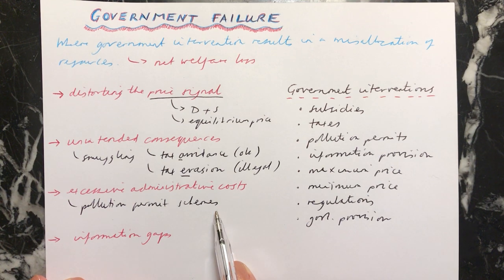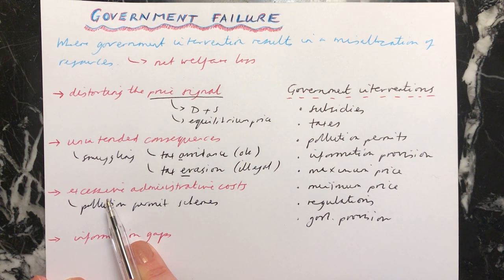And then after that, the government have to monitor how much every firm is polluting. So this would be another administrative cost. And if these administrative costs are excessive, it might not actually be worth the while of the government intervening. And in this case, the government intervention has resulted in a misallocation of resources, and there's still a net welfare loss.